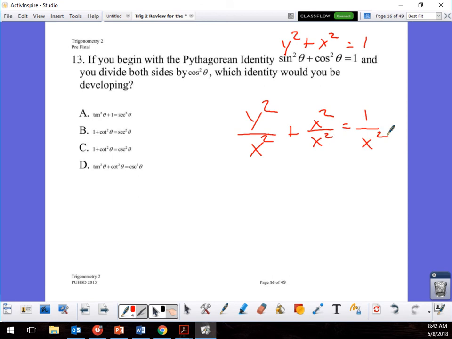Y over x gives me tangent. So this is tangent squared theta plus 1 equals 1 over x squared, secant squared. So my answer is the first one.